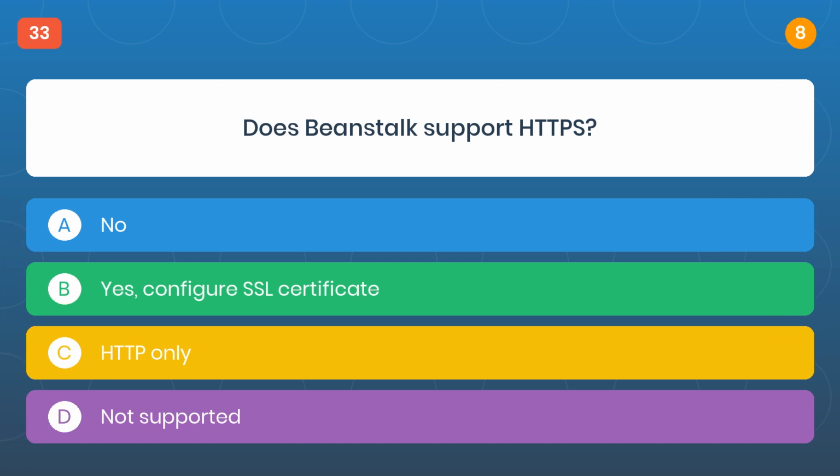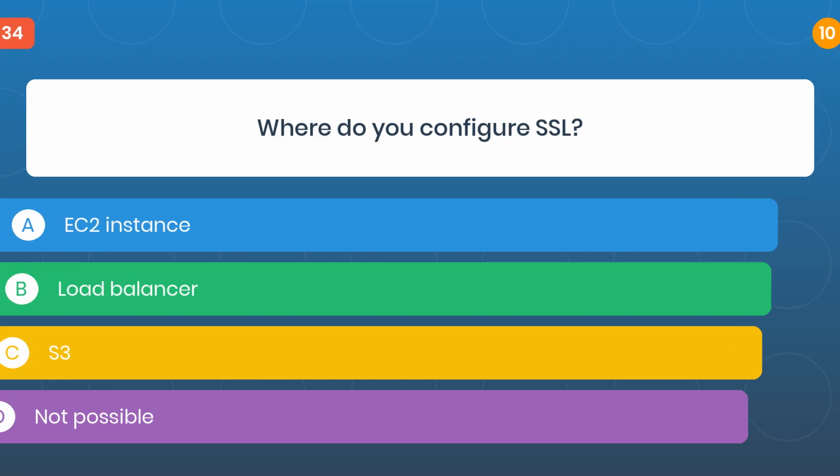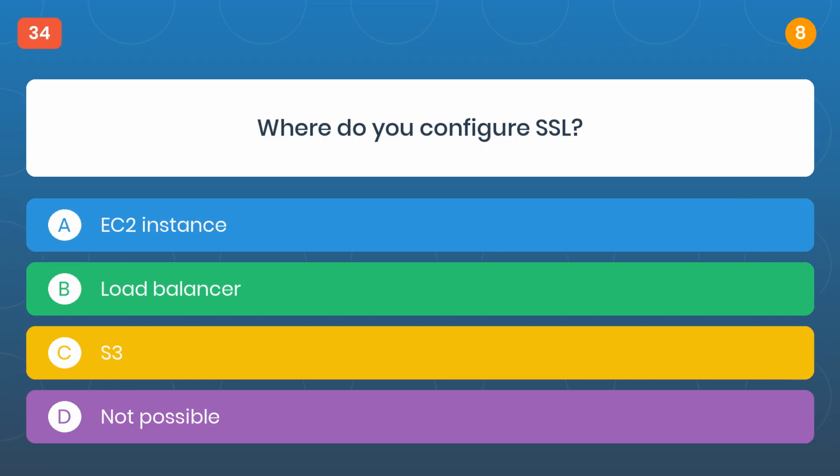Question 33. Does Beanstalk support HTTPS? The correct answer is B, yes, configure SSL certificate. Question 34. Where do you configure SSL?